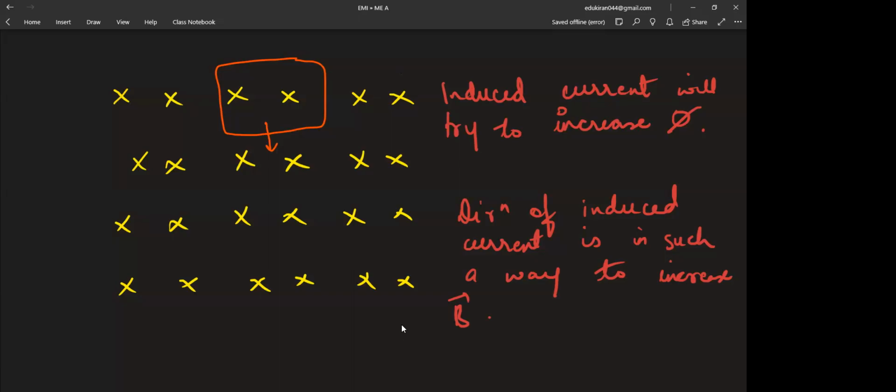Just have an eye on this. Yes, Mariam Lohani, you tell me, if this is entering, will the magnetic field increase or decrease? It is entering the magnetic field.